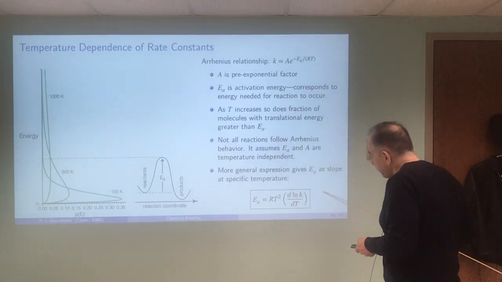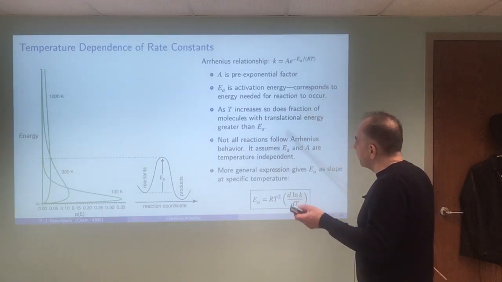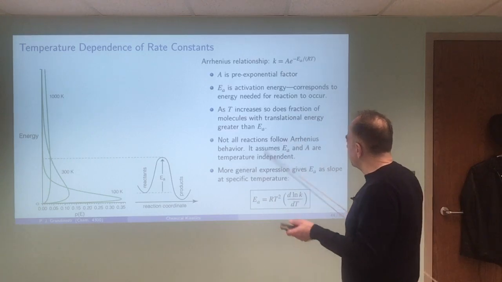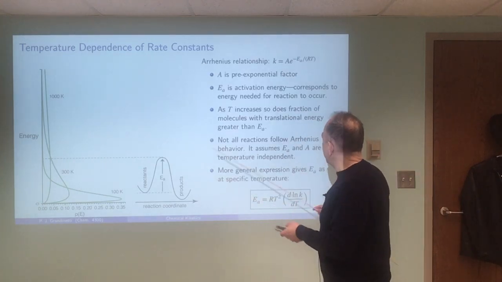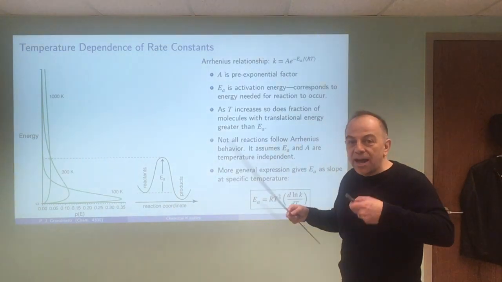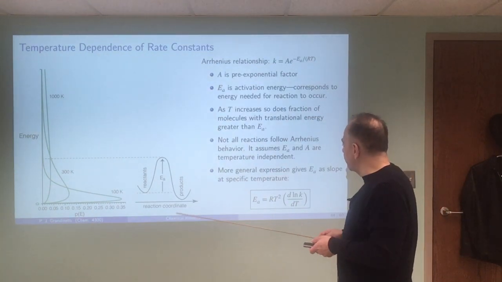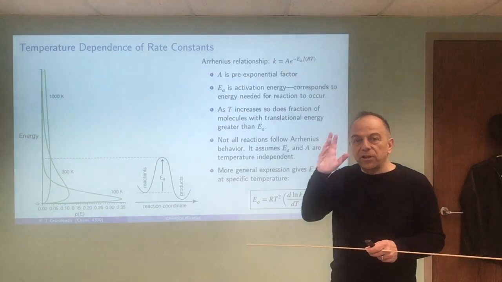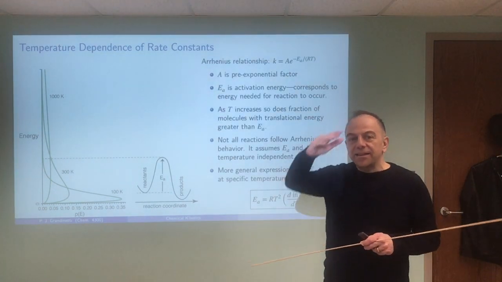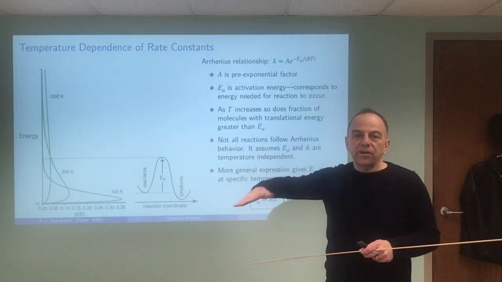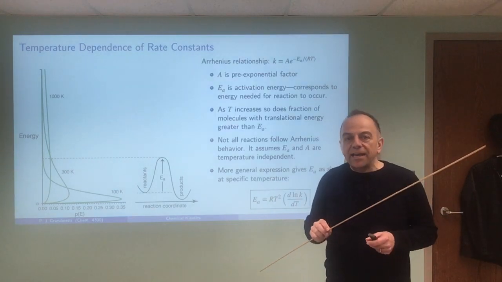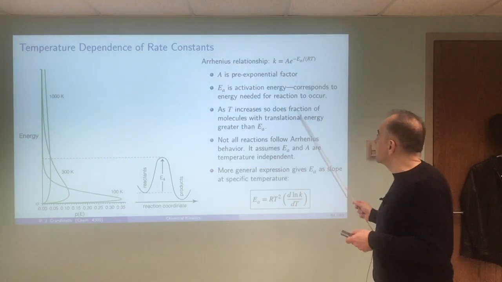Now, it generally works for most cases, but there will be cases where the activation energy actually is not independent of temperature. It varies a bit as you change the temperature. So you'll see in the plot of the log of k versus 1 over T that it's not linear. There'll be some curvature to it. In that case, we can still use Arrhenius's idea.